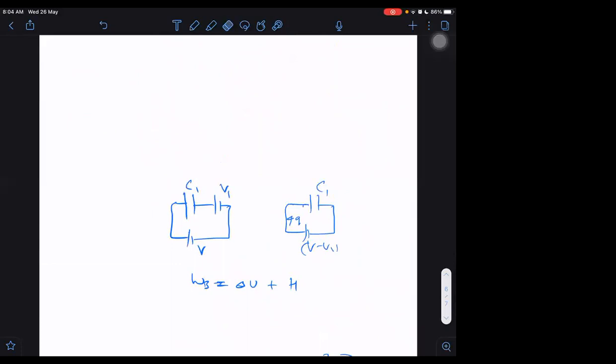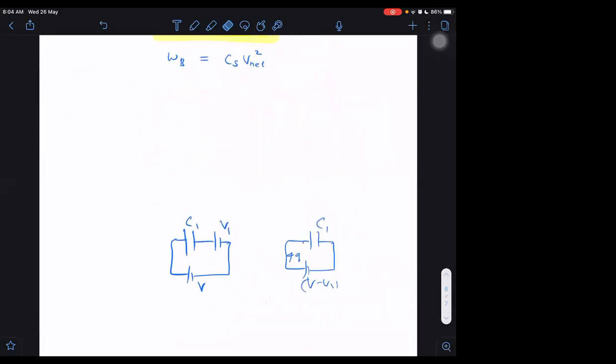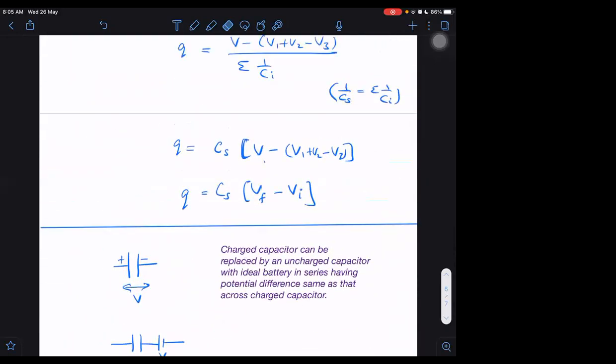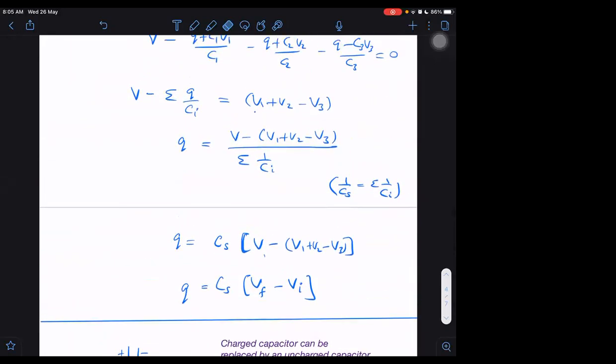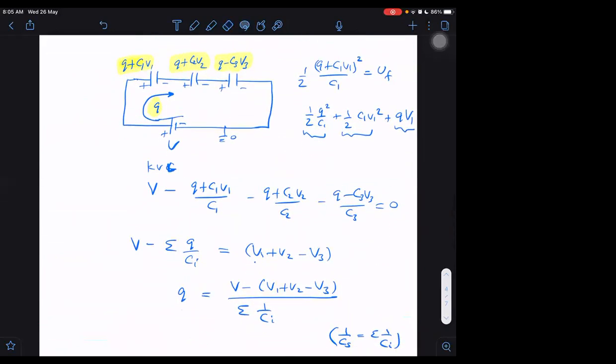Let us find out the heat energy dissipated. What would be the heat energy dissipated? Heat energy dissipated will be the final total energy stored in the capacitor, which we have written already before. What is the final total energy stored? Half Q1 square by C1 plus half, this is the final total energy.